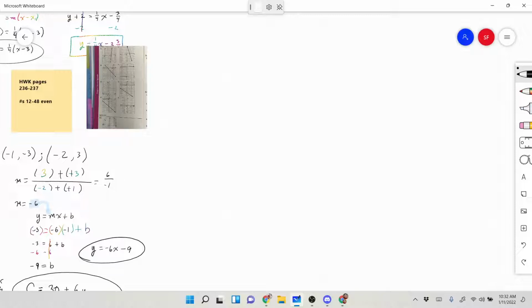Number 14 is y minus 6 equals 0. Number 16 is y plus 8 equals -5/8 times the quantity x plus 6.